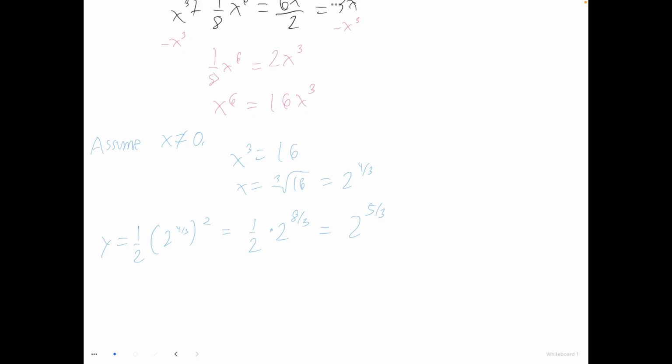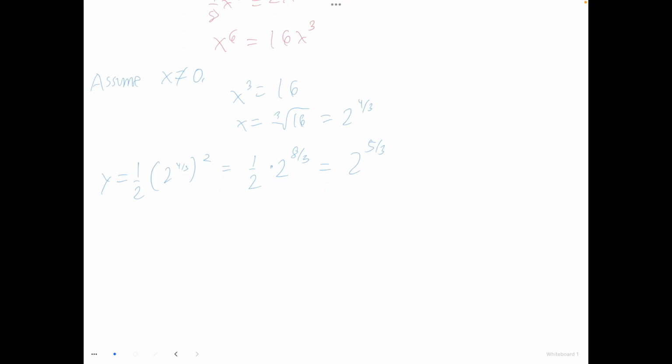And so we've got 2 to the 5/3 now for our y coordinate. And so our point where we have a horizontal tangent line is the point 2 to the 4/3, comma 2 to the 5/3.